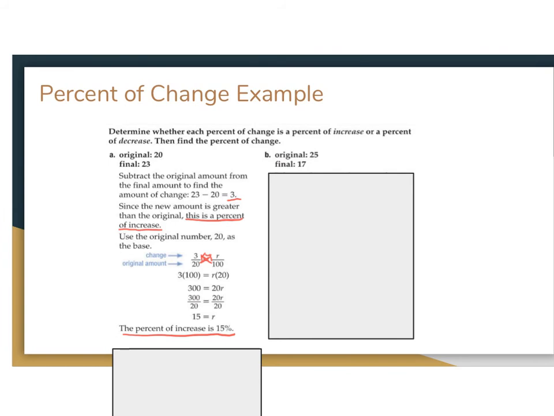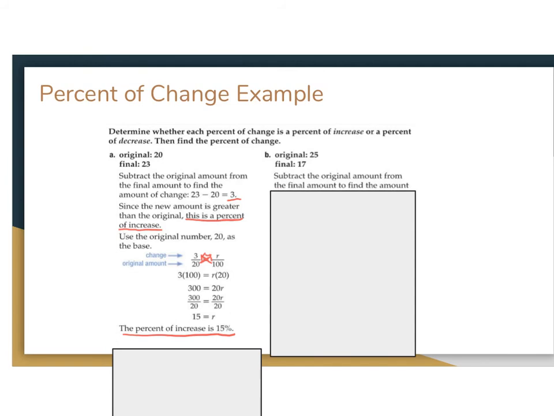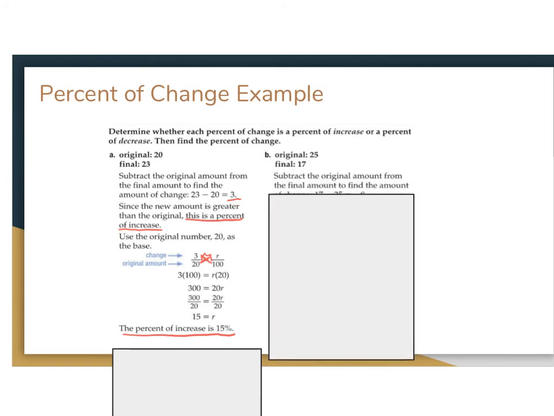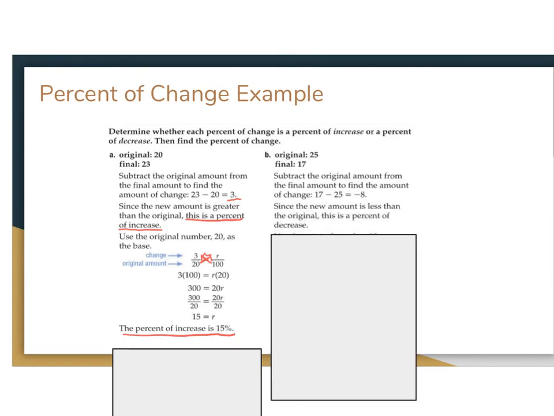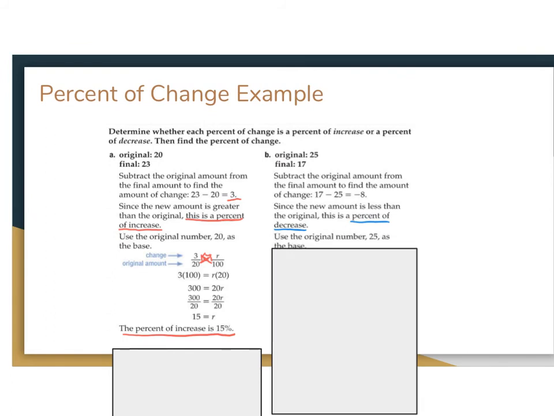Let's look at one more example. Our original here in B is 25, and our final is 17. This time, again, we subtract the original amount, and we find that is -8. We see that the new amount is less, so we're looking at a percent of decrease in this case. Again, we use our original number of 25 as the base.